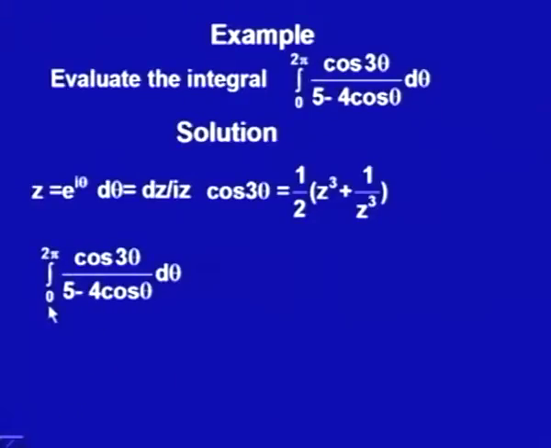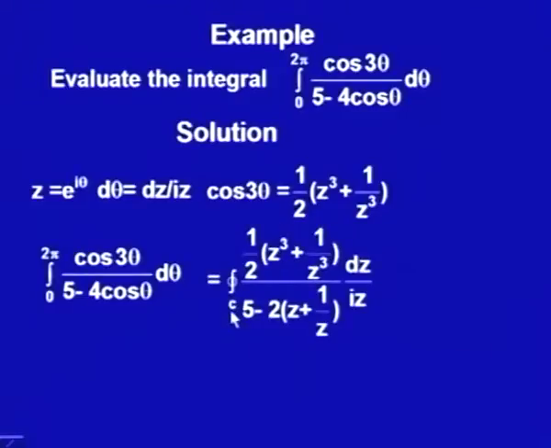So the integral from 0 to 2 pi of cos 3 theta upon 5 minus 4 cos theta d theta can be written as the contour integral along the unit circle C of half z cube plus 1 upon z cube, upon 5 minus 4 times, so 4 into 1 by 2, minus 2 times z plus 1 by z, into dz upon i z. Here d theta is replaced by dz upon i z.